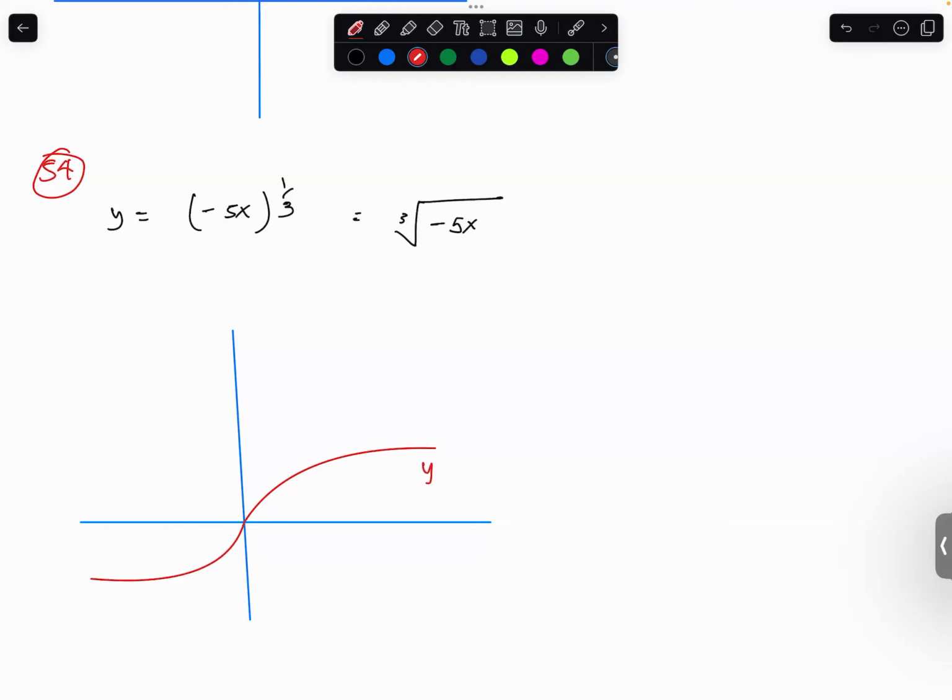Let's say this is the graph of y equals cube root of 5x. Now if we put a negative inside, then this is going to reflect this graph across the y-axis. So we will have something like this.